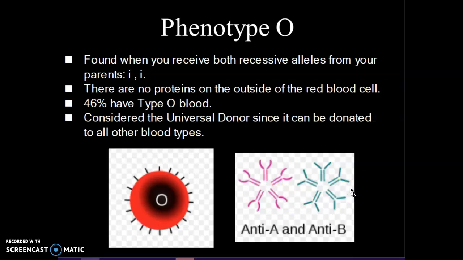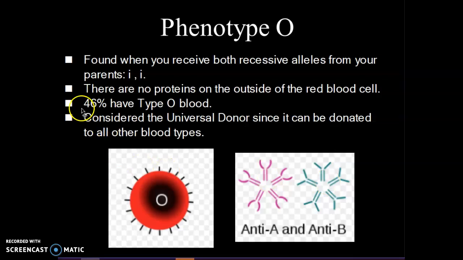If I try to put B blood in an O person, it would clot. Same with AB. So even though O is considered the universal donor because it can be given to anyone, and that's usually what they have in blood banks and ambulances in case there's an emergency, however, if you have type O, you can only receive type O. So there is a downside to that.